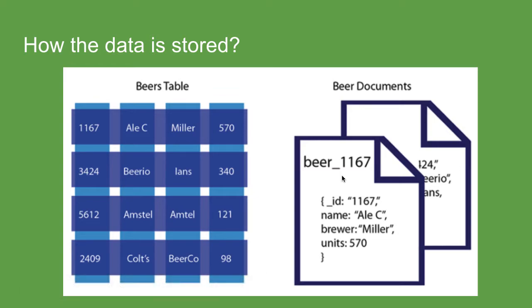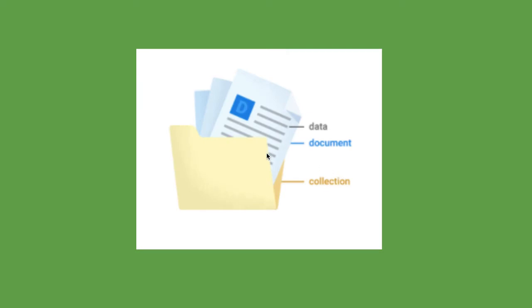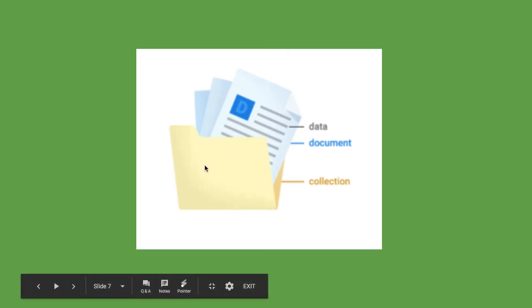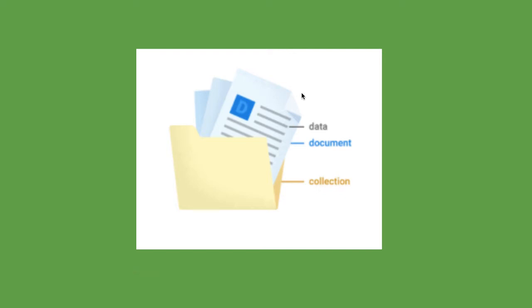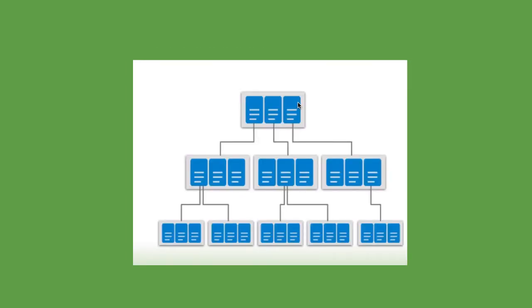In the Cloud Firestore, you have a collection of those documents. Inside a collection, you have a document or documents, and inside a document, you have your data. This is a better way to see it. Let's say we have right here a collection.